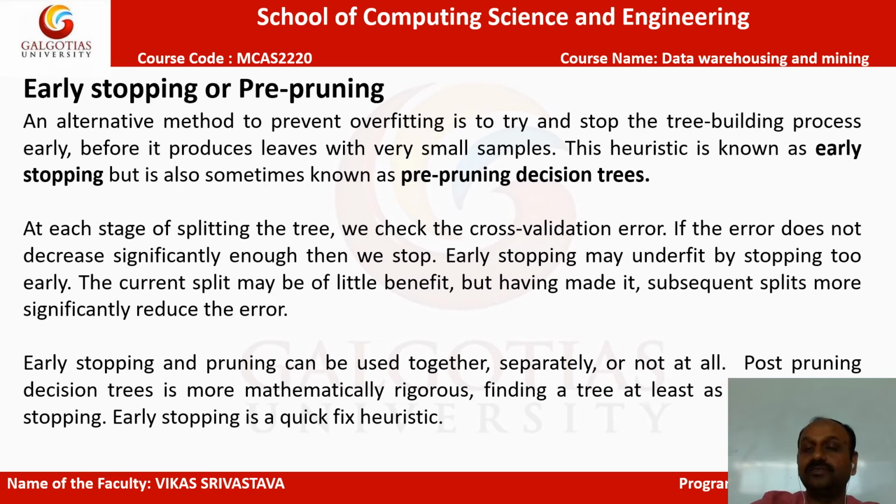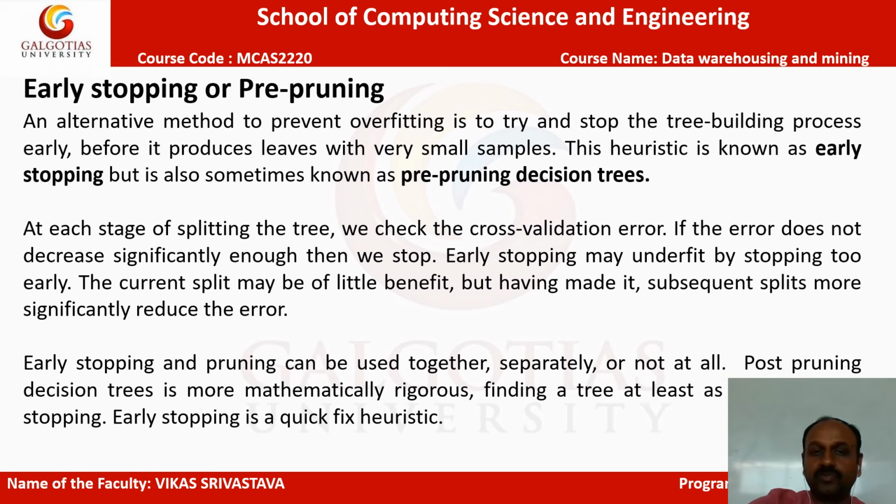So you apply the concept of the cross validation error, and you will stop at the initial level. That's why somehow you will get a very minimal tree structure with the best suitable error.